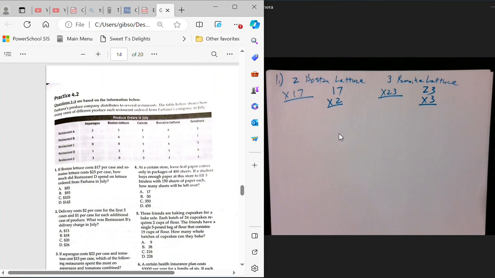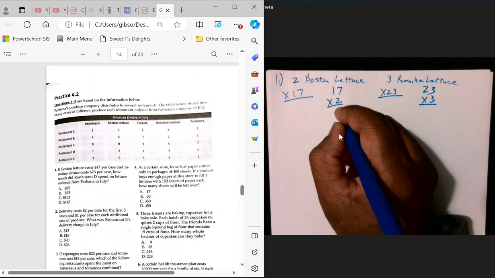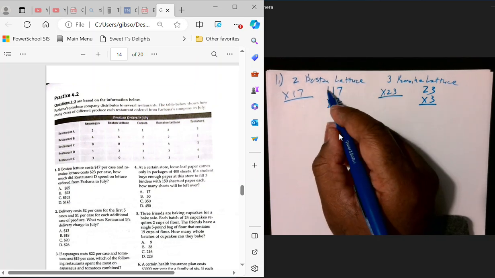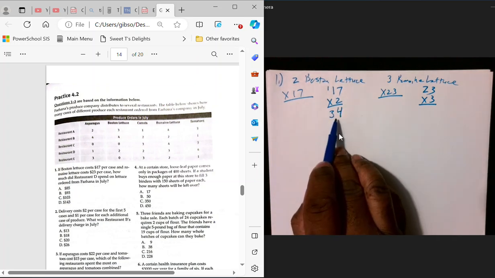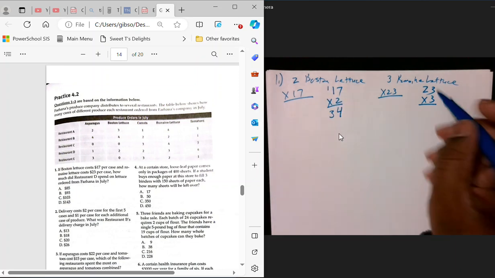Remember, multiplication is commutative, so you will get the same answer. So 2 times 7 is 14, so 4, carry your 1. 2 times 1 is 2, plus 1 is 3. So that's 34 for the Boston lettuce.